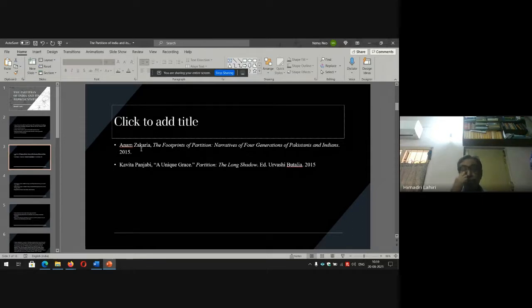Kavita Punjabi's article, A Unique Grace, which is included in Urvashi Butalia's book Partition: The Long Shadow, is also an article where you will come across such instances of friendship. Kavita Punjabi accompanied one of her friends to Pakistan, who wanted to visit their ancestral house.